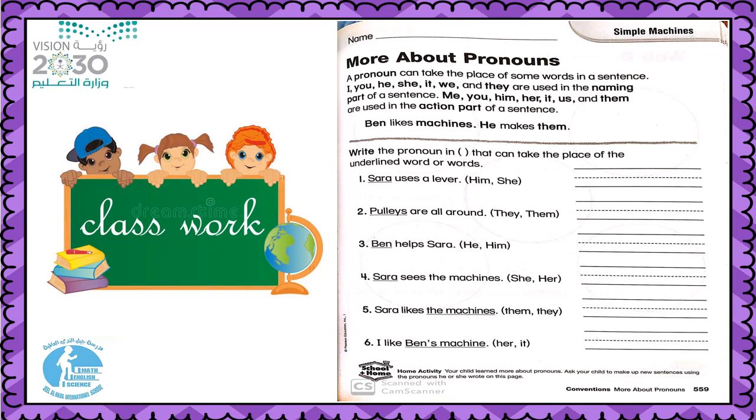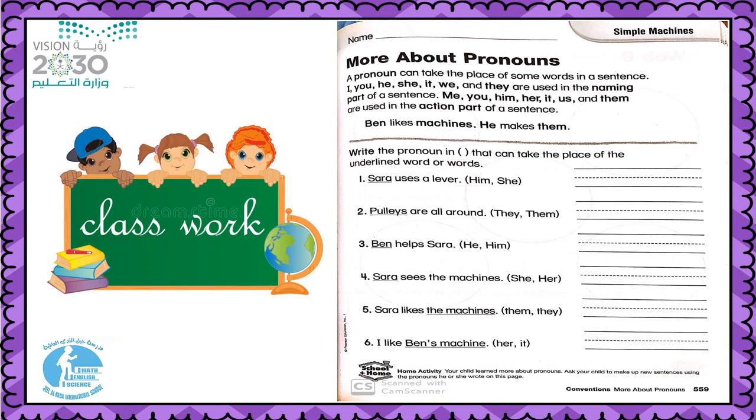It's used in the subject part of the sentence, in the beginning of the sentence. Him is used in the action part. And here we want the pronoun that replaces Ben in the naming part of the sentence. So it's he. He helps Sarah.